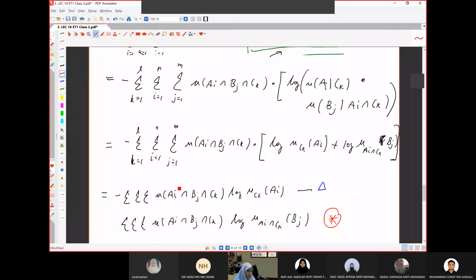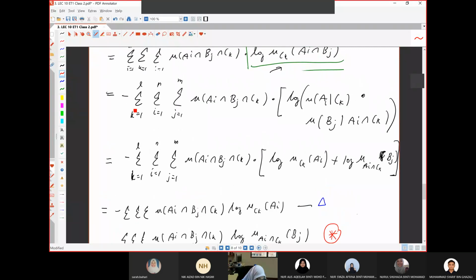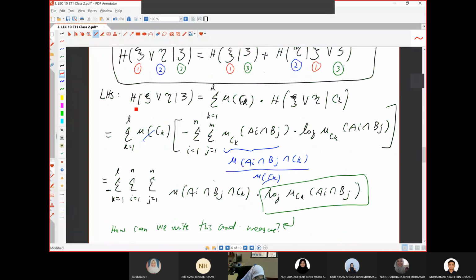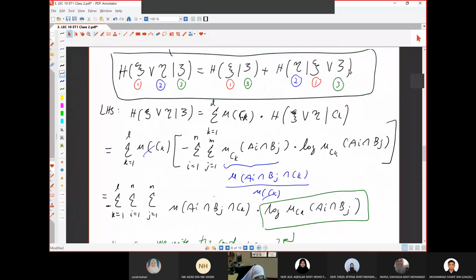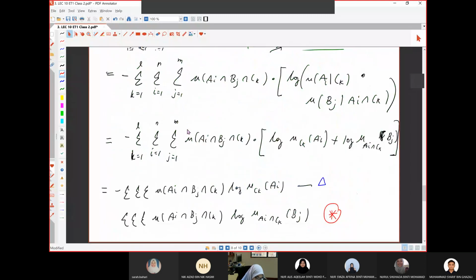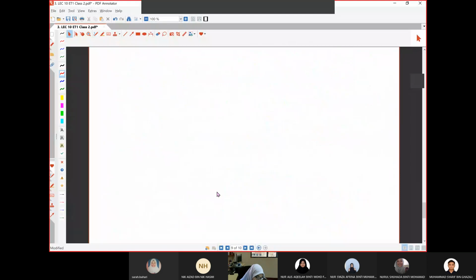So the same. So what does it mean? Kan kita daripada left hand side, right? So the left hand side here, we got already the second part, which is the red star tadi. So the second part, the red star, meaning we have already got the answer. What about the first part, which is the triangle? So the triangle we need to show that it is equal to the entropy formula tadi.